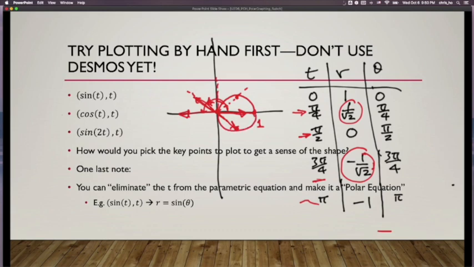So it looks like it's another circle. But in this case, the center of the circle is located at x equal to 0.5, y equals 0. So the center of this circle is at 0.5, comma 0. Very similar to the sine, the first function, but the location of the circle is dramatically different.